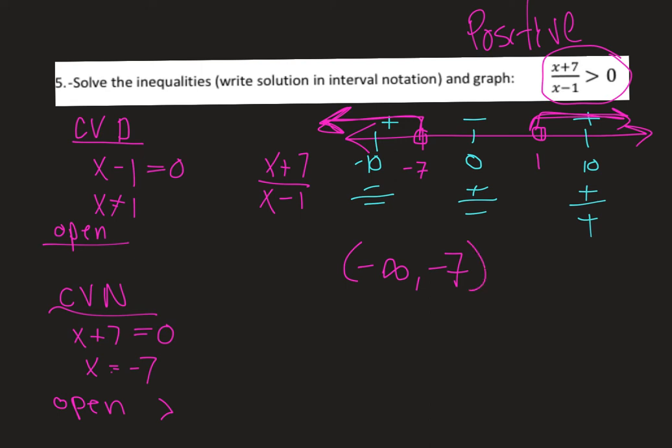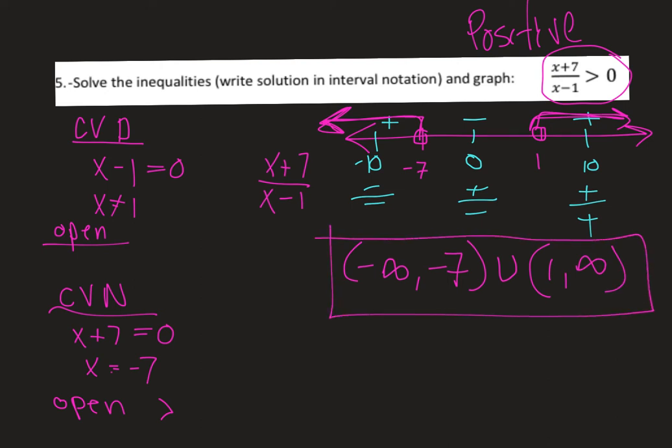So my first interval that works is -infinity to -7, and my second interval would be 1 to infinity. And that is the solution in interval notation, and the graph also needs to be included on these problems.